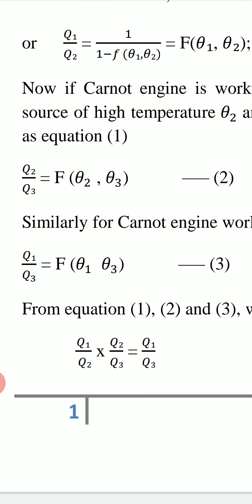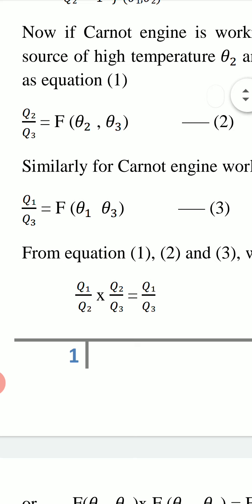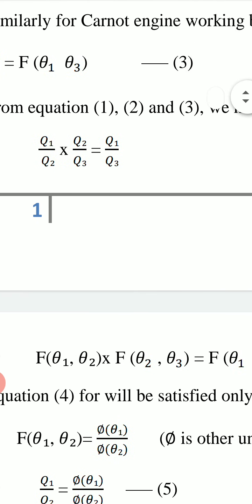If we multiply left hand side of first two equations, that are Q1 upon Q2 and Q2 upon Q3, then we get Q1 upon Q2 into Q2 upon Q3, and this will be equal to Q1 upon Q3. Q2 will cancel out.